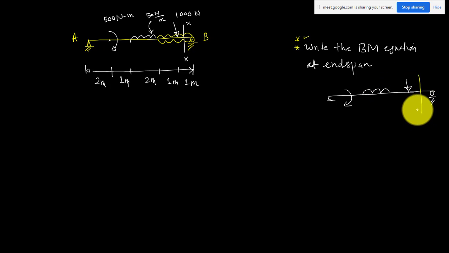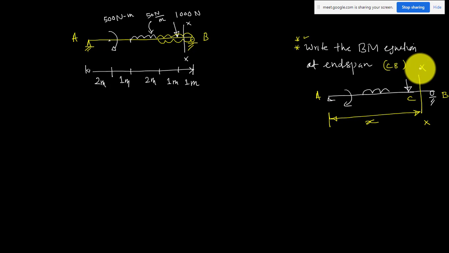Let me name the end span CB, if you take this point as C. You take a section in CB, with the origin at support A, so your X is measured from support A. This is your X. Then write the moment equation for this section. That is the second step. We will see in the solution why we are taking this end span.